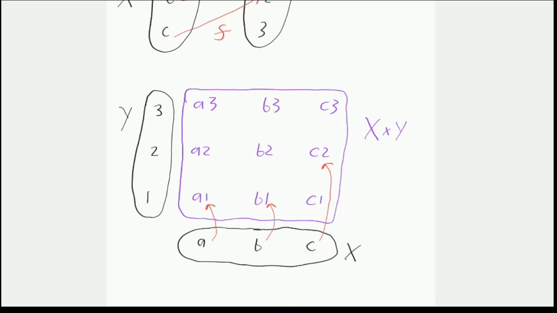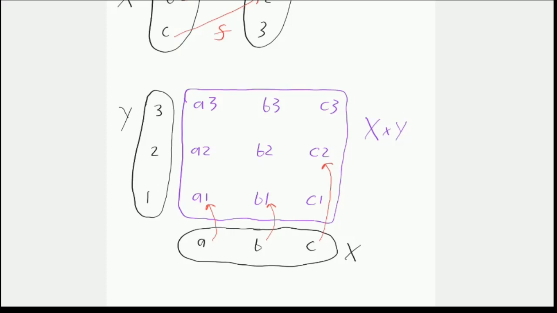And also this idea of graphs gives me a neat little segue into the next way of thinking about functions, and that is as a relation. So what is a relation, and how do we think of a function as a relation?